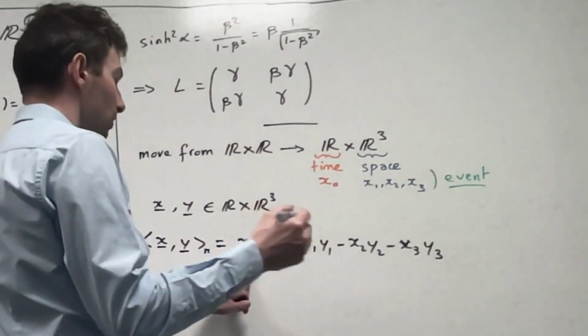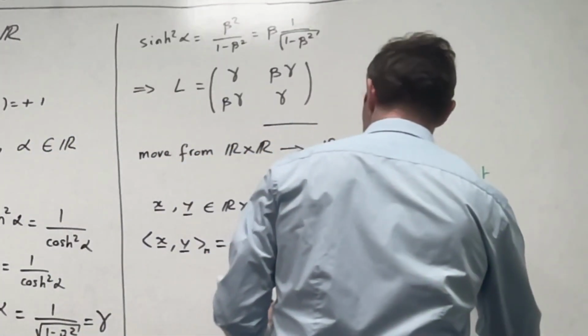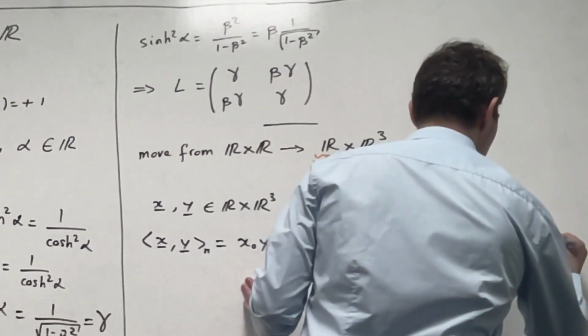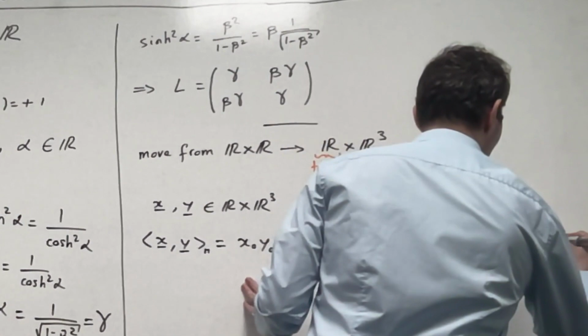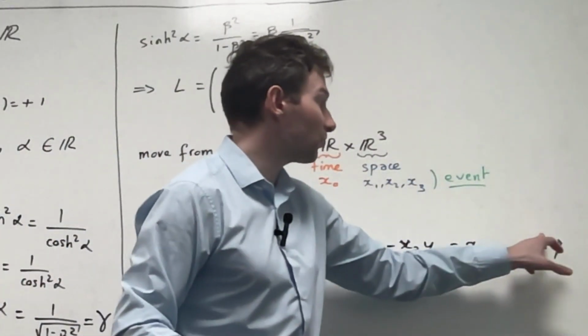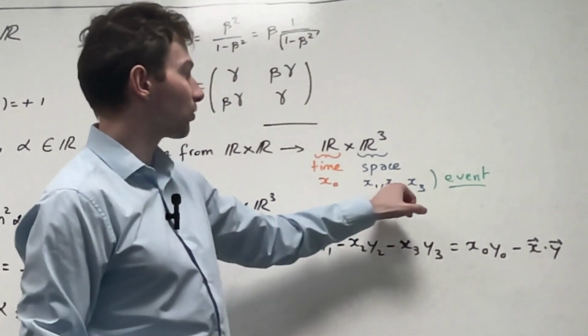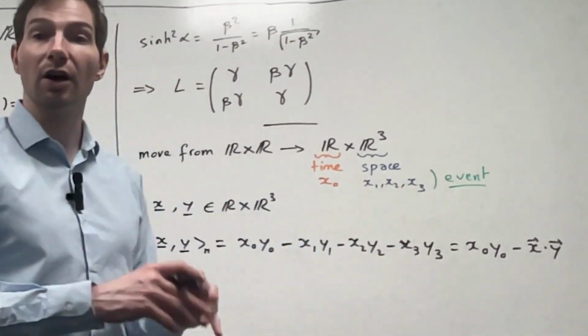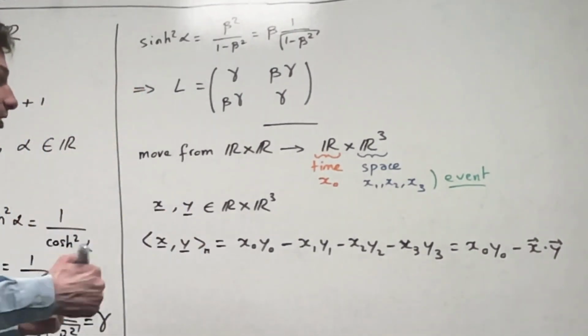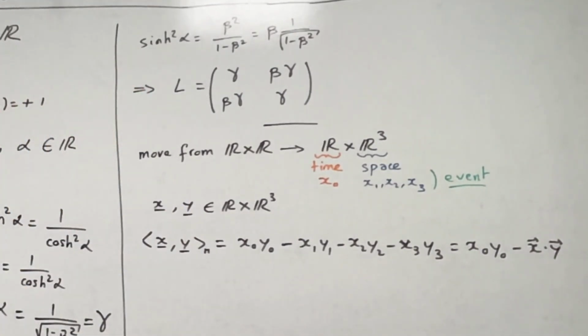Okay, sometimes people would just write it as x naught, y naught, and then minus x dot y, where it's understood that the x and y with a vector on top is going to correspond only to the spatial part of it. Okay, so in that case, we can look at the corresponding vector here.